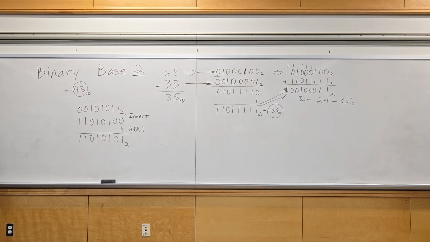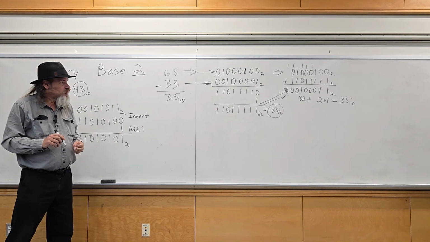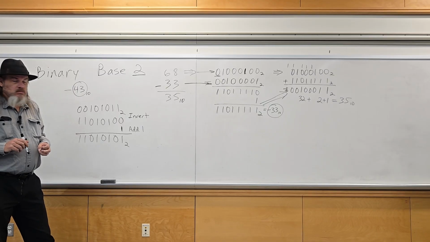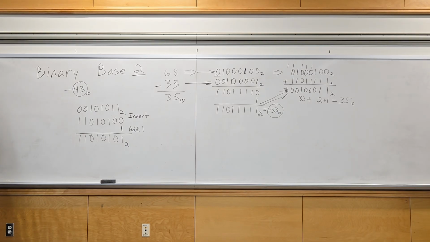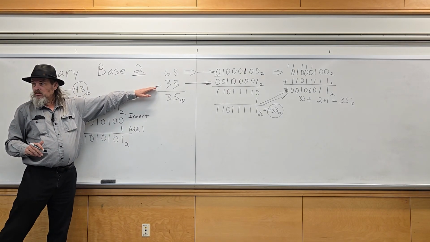You see how you get a, okay, converting that into a negative. Basically that's 68 plus negative 33. You understand why I'm making the second number a negative number?